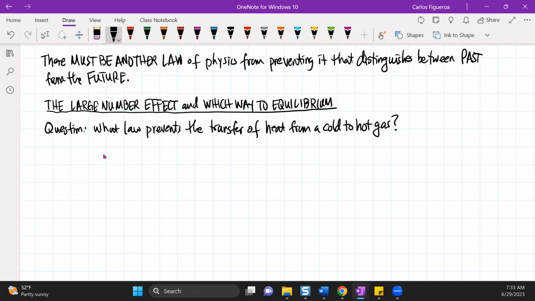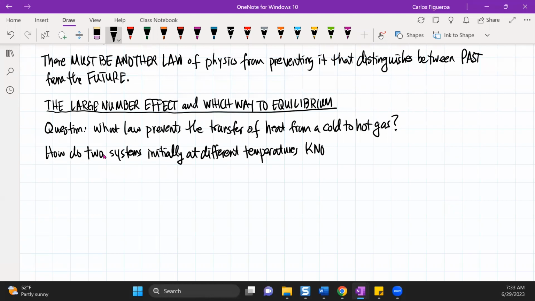Now I'm going to pose the second question. How do two systems initially at different temperatures know which way to equilibrium?